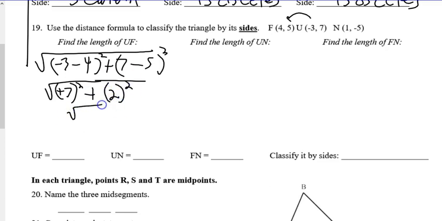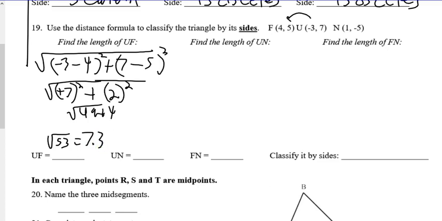And that's going to be 49 plus 4. All right? And so you can put the square root of 53, or I will also accept if you want to put it as a decimal, but you can leave it right there. You don't have to go the extra step. You can put 7.28 or just 7.3.